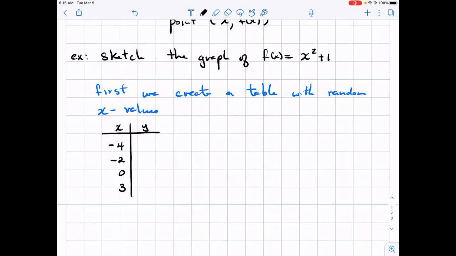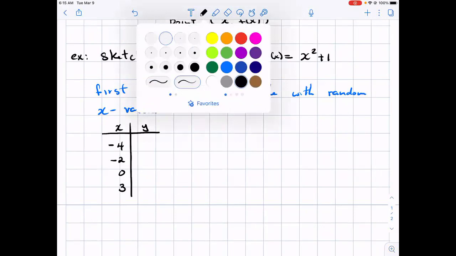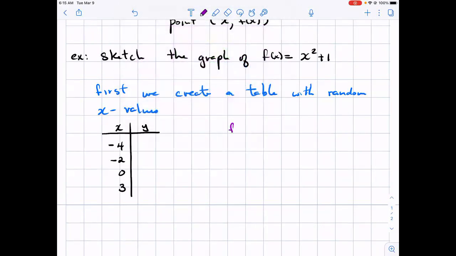The function we have is f of x is equal to x squared plus 1. So what is f of minus 4? Remember that this is the x value. If we plug in minus 4, we get minus 4 squared plus 1. And this is now equal to 4 plus 1, which is equal to 5.